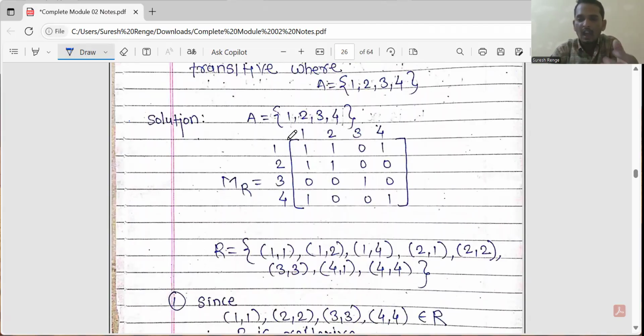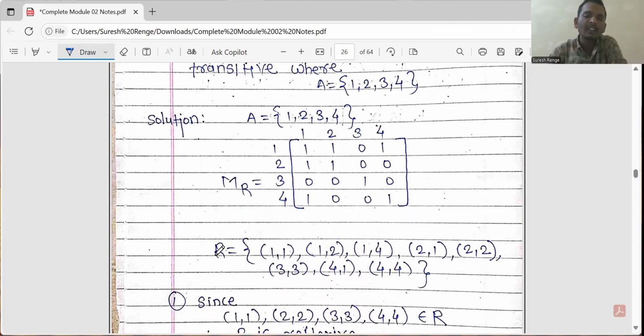A is a set, and whatever relations are represented here in matrix form are defined on this set A. The matrix representation MR has elements 1, 2, 3, 4, and these elements form set A. Now we want to convert that matrix representation into a relation.